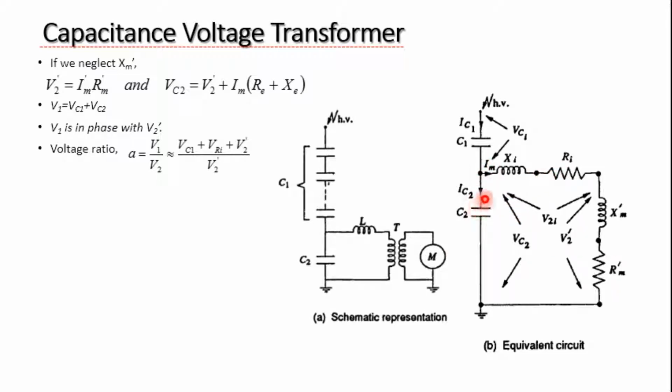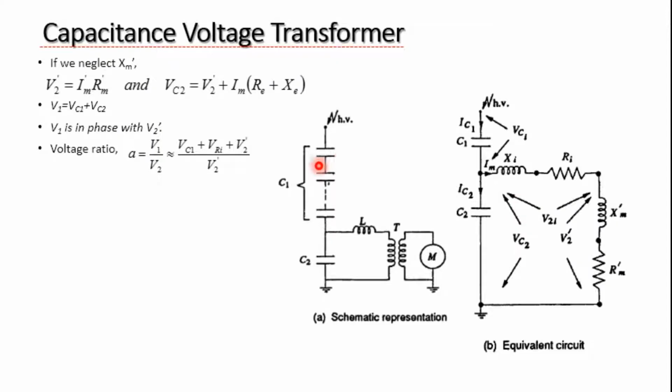There is a current flowing through the capacitor C2, IC2, and there is a meter current IM, with XI and RI representing the instrument, and the magnetizing values XM and RM. The voltage across the capacitor is VC2, and this is the output voltage across the meter. V2 dash is the secondary side voltage across the instrument.